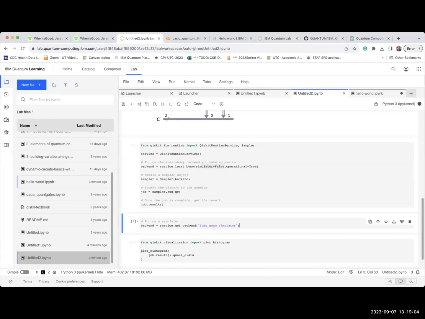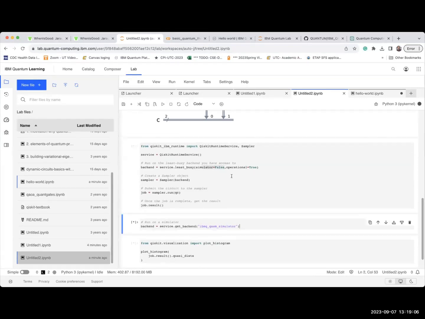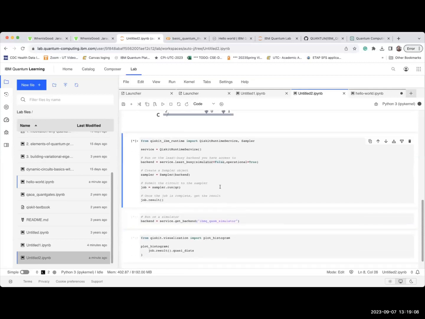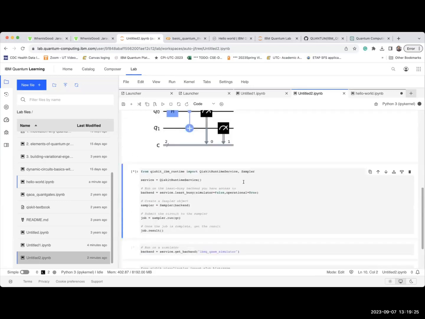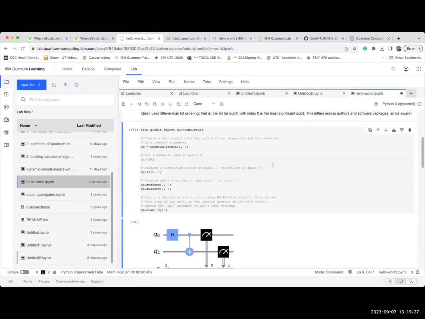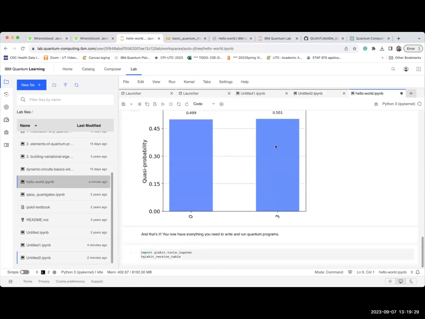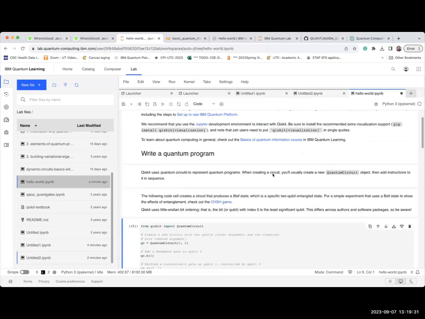But this is a simulator. Why is the simulator waiting so long? I thought the simulator would be faster. I don't know why it is waiting here. But at least the IBM thing is still consistently running.